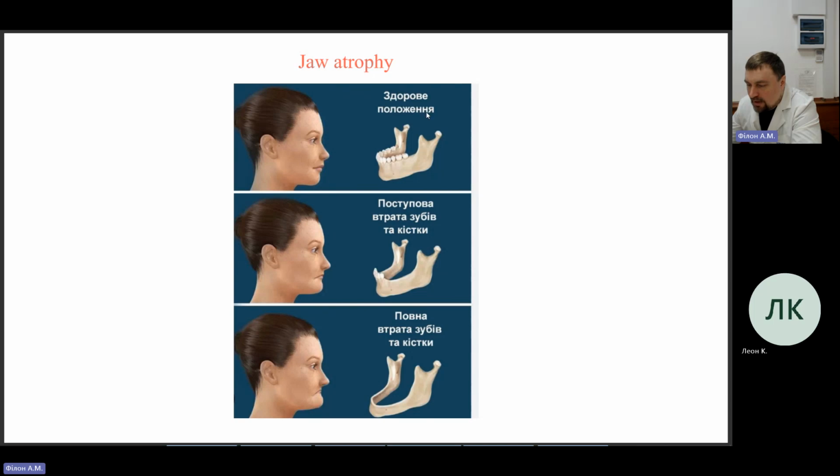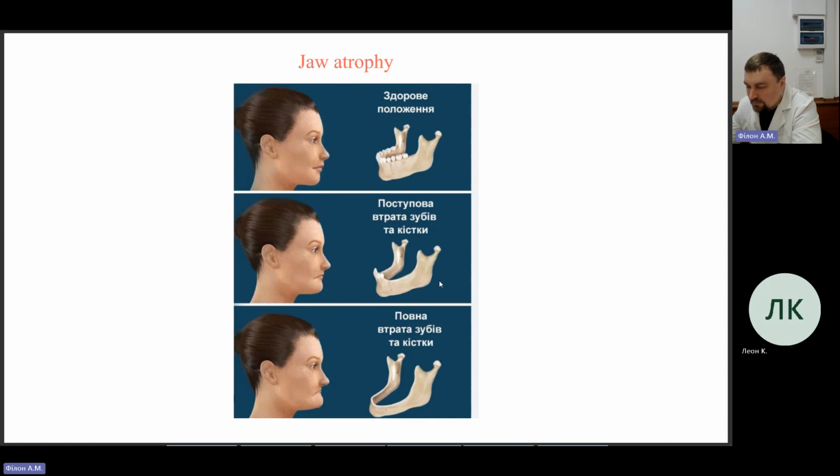In the first picture at the top, you see a normal smile, the lower jaw, and you can see all the teeth, the front area, that area, and look at the face of the patient. This beautiful profile. Everything is healthy here. Everything is normal here. Okay, let's go down.